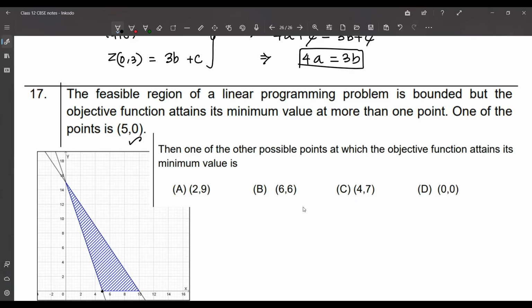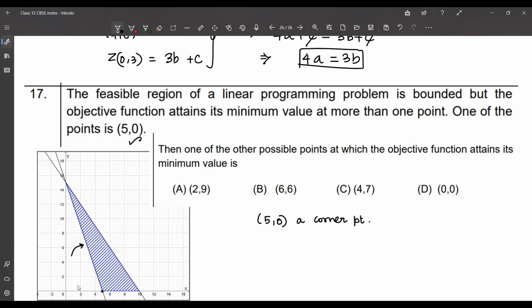Right. So as we can see, 5 comma 0 is a corner point, and it is present along this boundary line. If the minimum or the maximum is attainable at more than one point, which means the entire line containing the point will become the possible solution for this question.